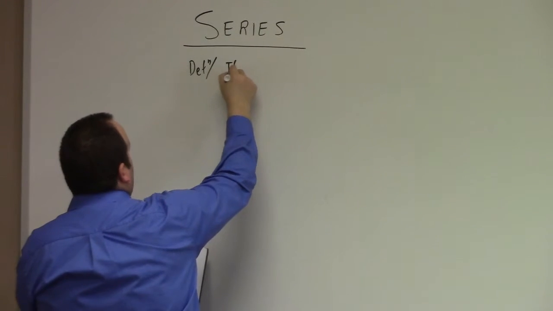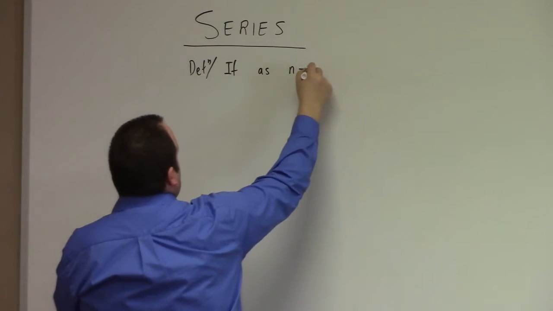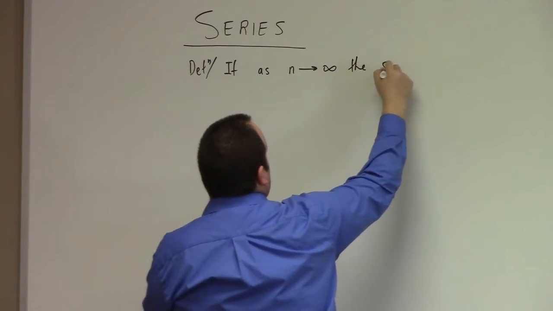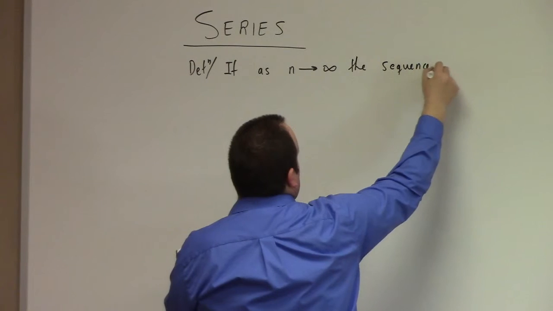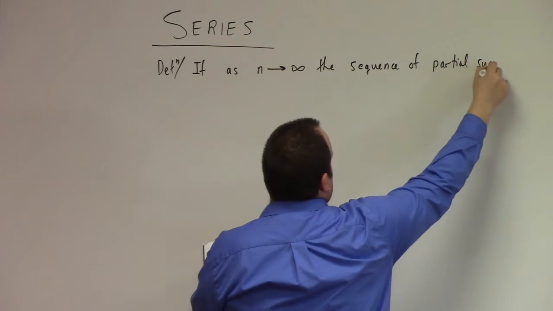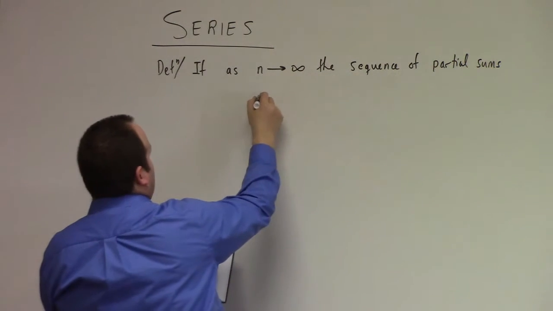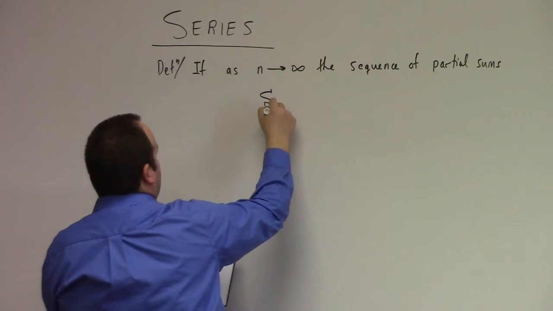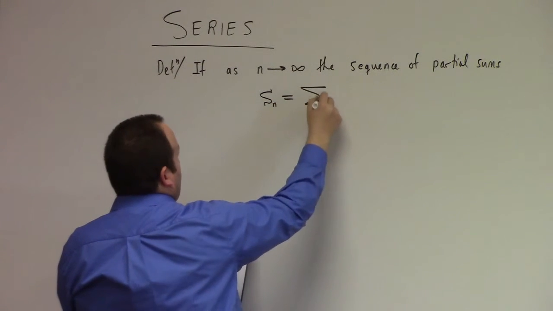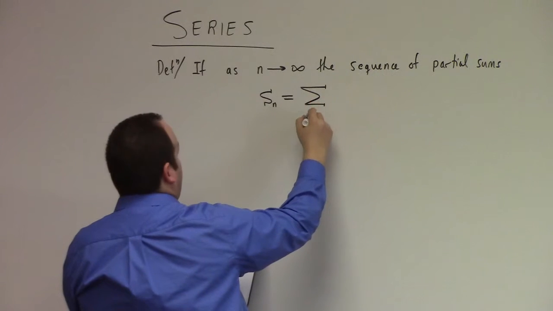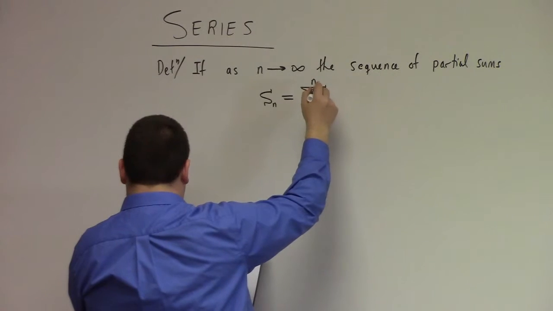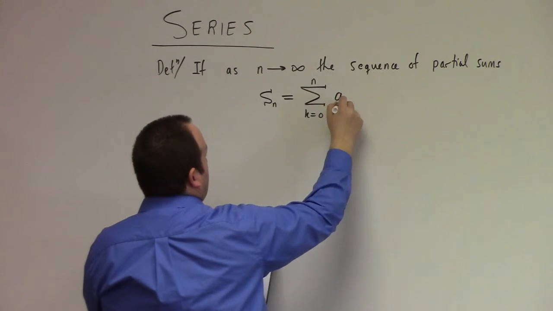If, as n goes to infinity, the sequence of partial sums S sub n, I usually use a capital S sub n, he uses a little s sub n, but that's defined to be the finite sum, k equals 0 to n, a sub k.